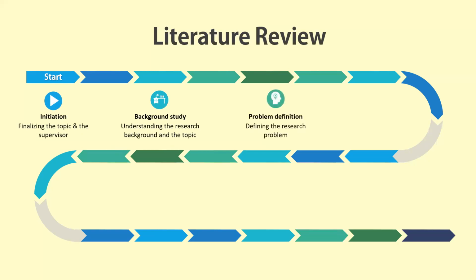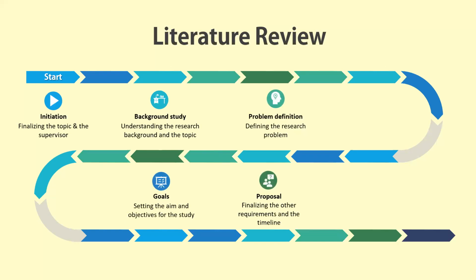Then you come to defining the problem. This is known as the problem statement of the research. Then you set goals, you set a name and a few objectives for the study. And if needed, you can draft a proposal and submit it to the relevant parties.